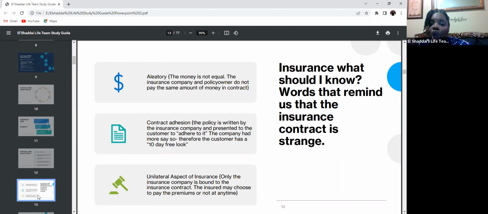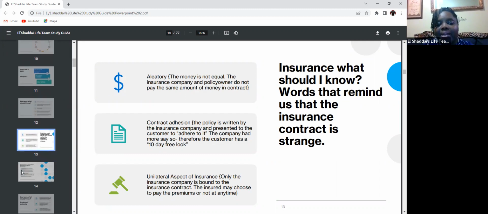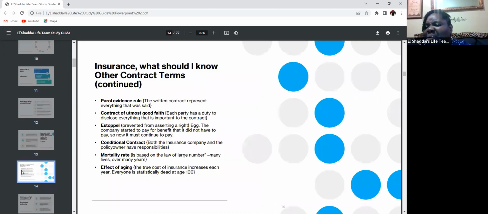Only one person is bound, and that's the insurance company, right? The insurance company can't jump out of it and go the other way. But we can. We say, I'm not feeling this premium anymore. But we don't want to do that because we don't need insurance until we need it, right?